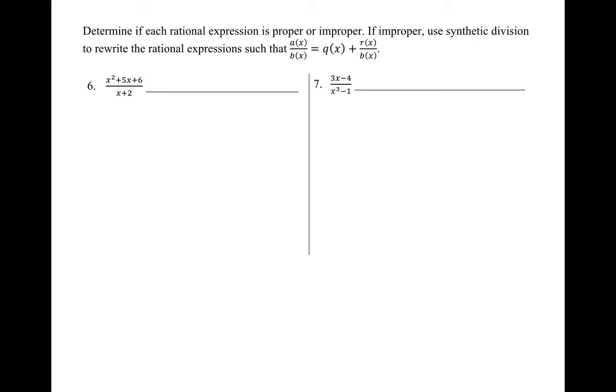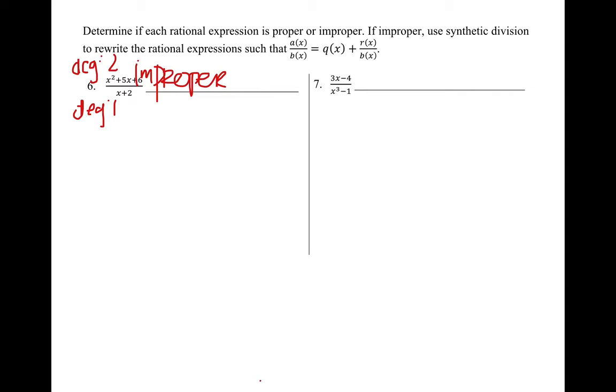Number 6, the degree on the top of this fraction is a 2. Degree on the bottom is a 1. So I would say this one is, sorry, not proper, improper. And then I'm going to divide.